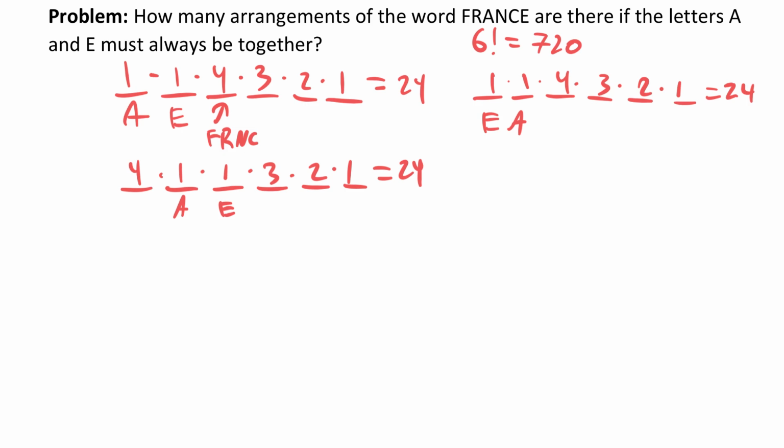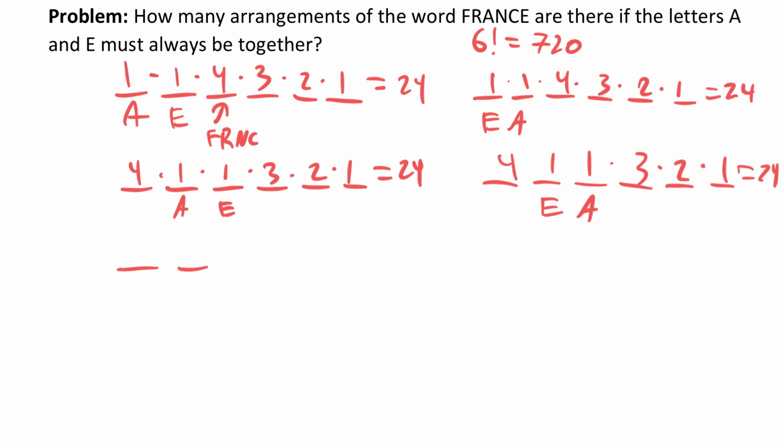All right, assuming you gave it a try, we could also have the case where, let's do this one over here, 1, 2, 3, 4, 5, 6, we have E and then A, then 4, 3, 2, 1. That's going to be 24. So it looks like each case is always going to be 24. So let's think about all the options.